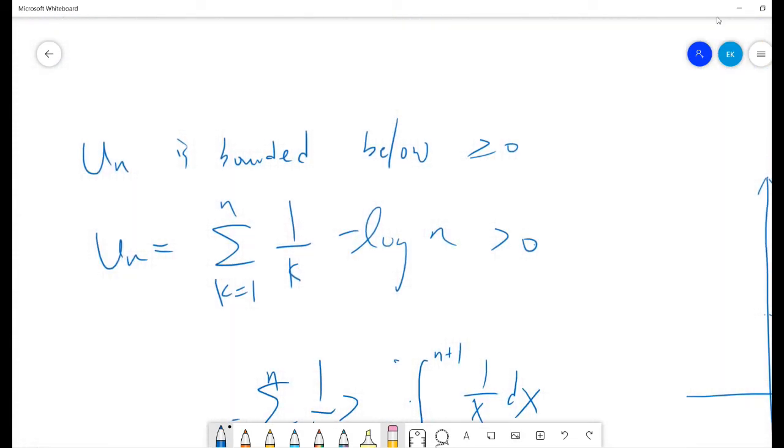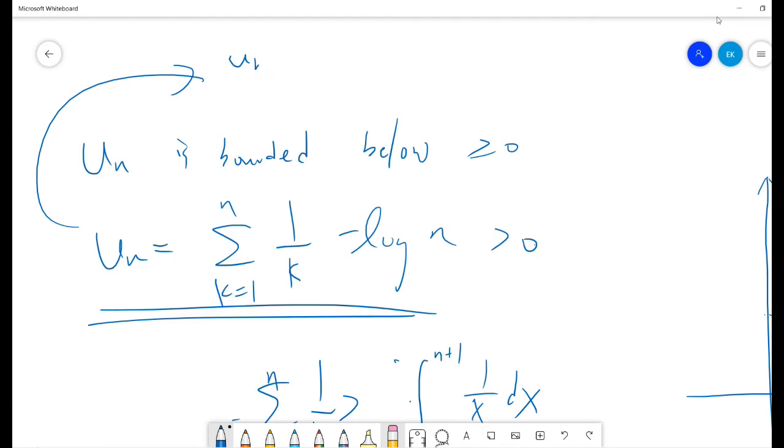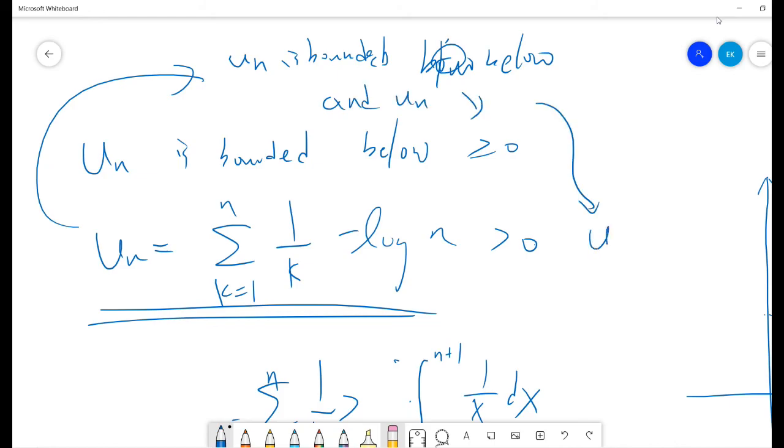So u_n is larger than 0, which means u_n is bounded below. And we also know that u_n is decreasing, so the limit of u_n exists. So gamma, the limit as n goes to infinity of u_n, exists.